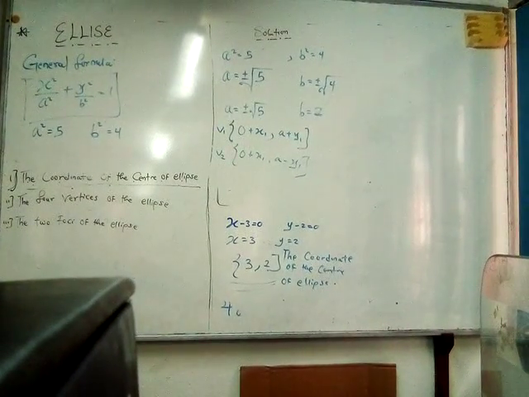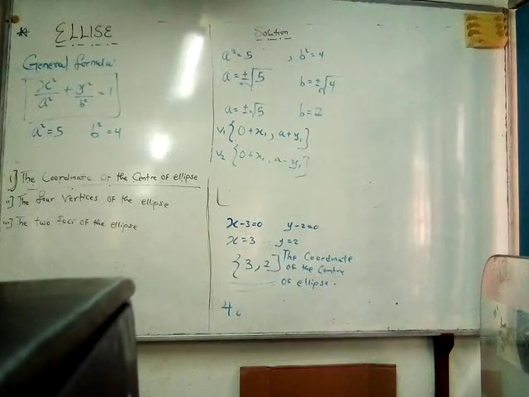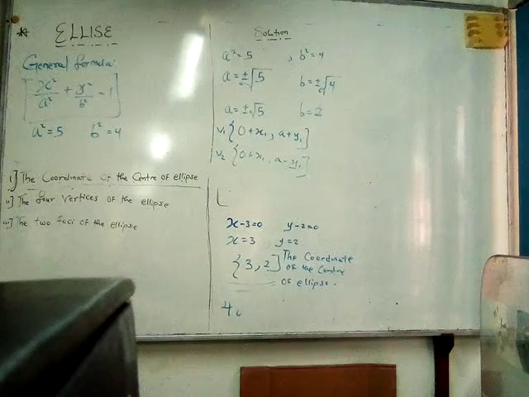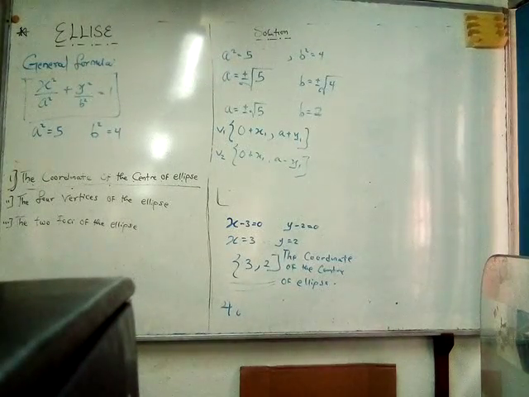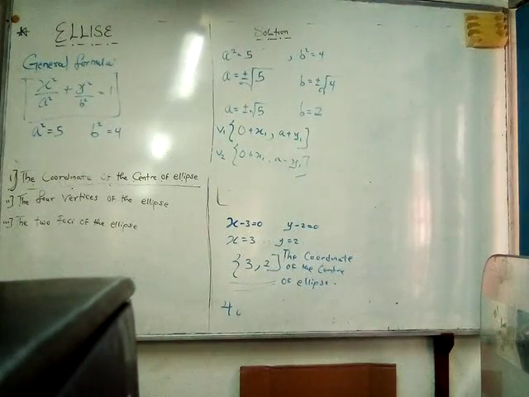So we have V1 (0 plus x1, a plus y1). We are going to equate our a, our x and our y in that formula. We are going to equate our values in that formula.